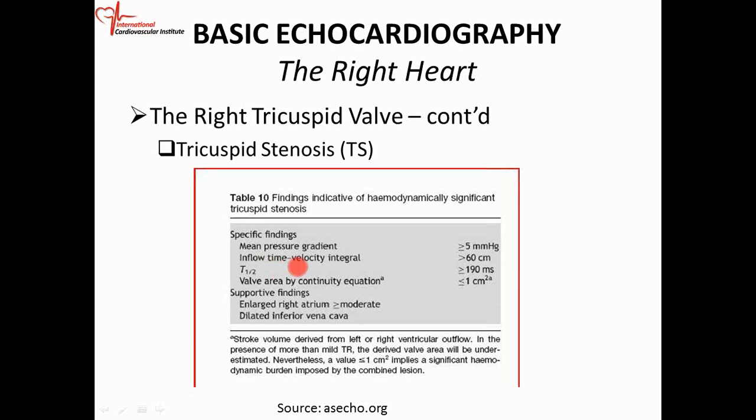Remember what you do, you just plane it and get the velocity time integral. If it's more than 60, that's also suggestive of significant tricuspid stenosis. But the things that you really have to remember are the gradient greater than or equal to 5 millimeters of mercury, or valve area less than or equal to 1 centimeter squared.